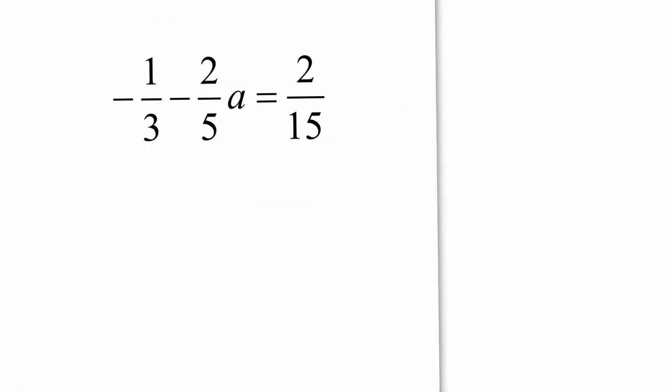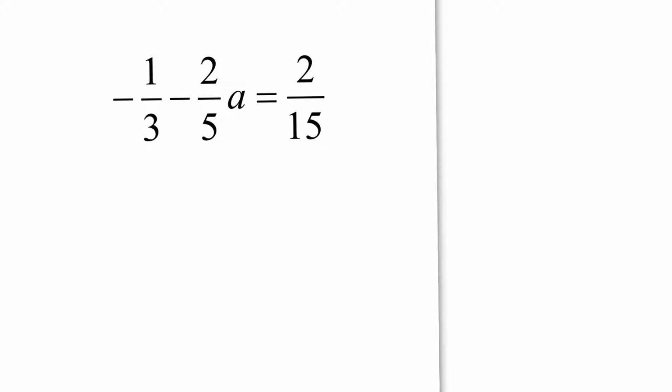So let's try another one here. The denominators are not the same. We have negative 1/3 minus 2 over 5a equals 2 over 15. So denominators are 3, 5, and 15. So the lowest common denominator for those 3 numbers, all the denominators, is 15.